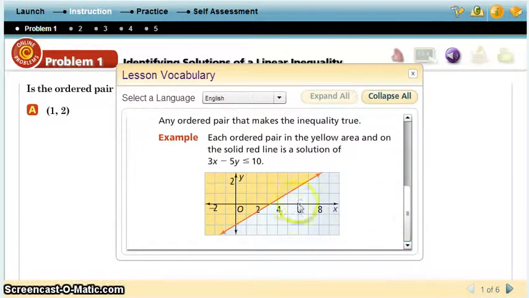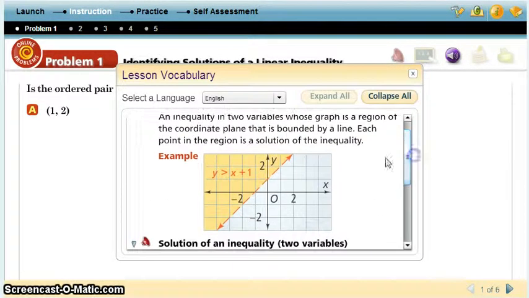Now, notice that this line is a solid line, and in this other vocabulary term, we had a dotted line. Okay, that's one other thing that you have to take into account whenever you are dealing with graphs of linear inequalities. Remember when we had open and closed dots on our number line, an open dot was the greater than symbol or the less than symbol because that was our starting point, but that we couldn't use that point.